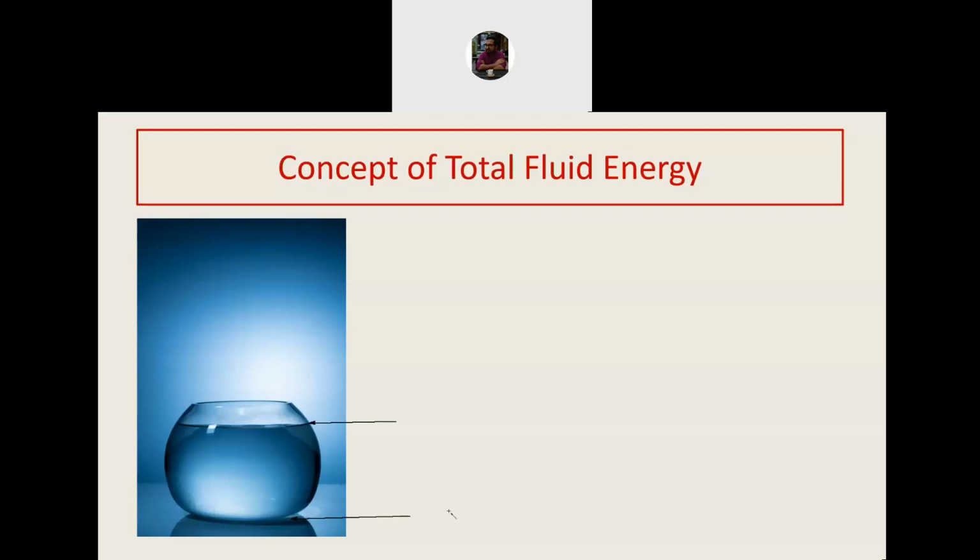That means it is actually an understatement to say that fluid always moves from high pressure to low pressure. Here the lower part of the bowl has high pressure, the upper part has low pressure, but still fluid is not flowing from the lower part to the upper part. Herein comes the concept of total fluid energy.